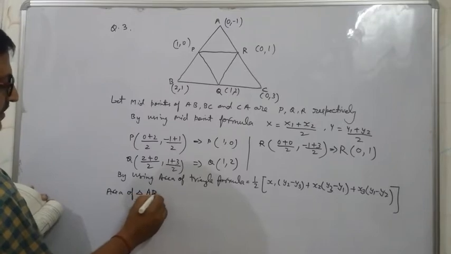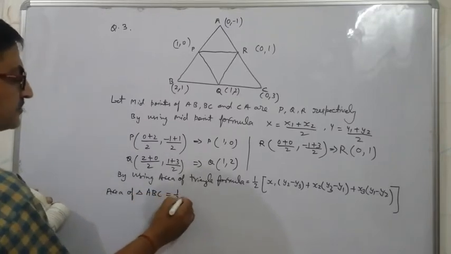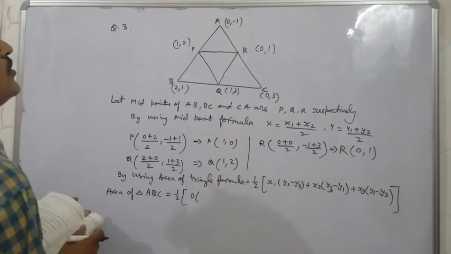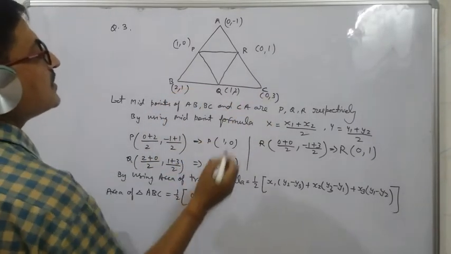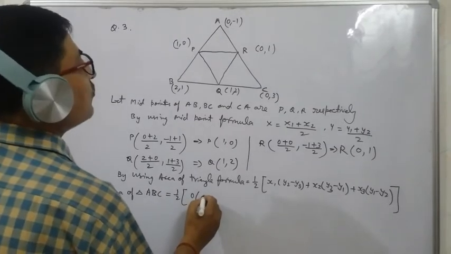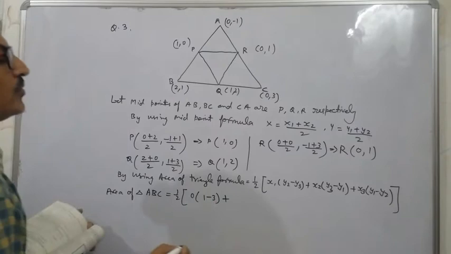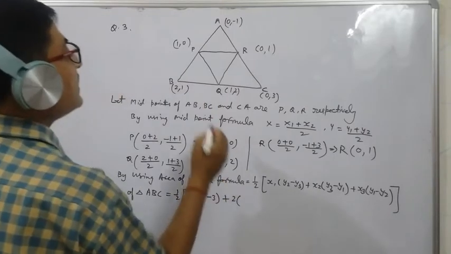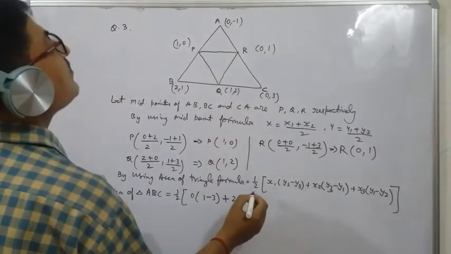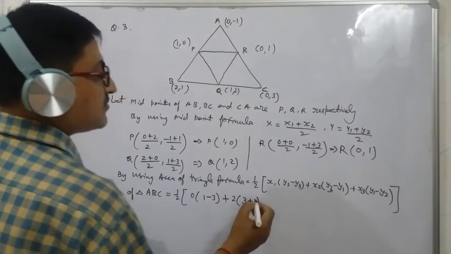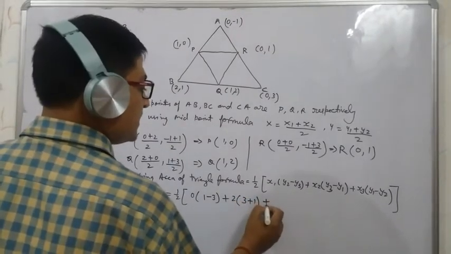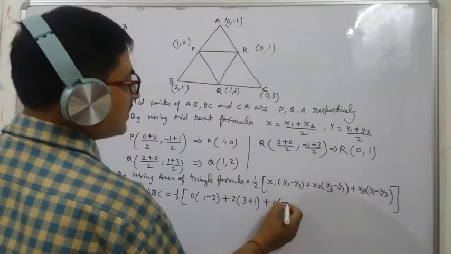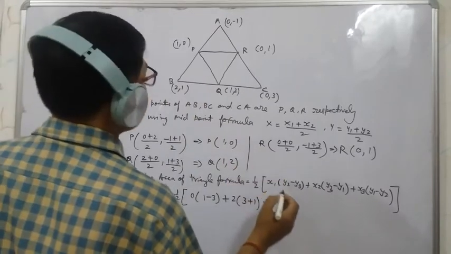Area of triangle ABC is 1/2 [x1 is 0, and y2 minus y3, y2 is 1 and y3 is 3, so 1 minus 3, plus x2 is 2, and y3 is 3 and y1 is -1, so 3 minus -1 is 4, plus x3 is 0, and y1 minus y2, y1 is -1 and y2 is 1, so -1 minus 1].